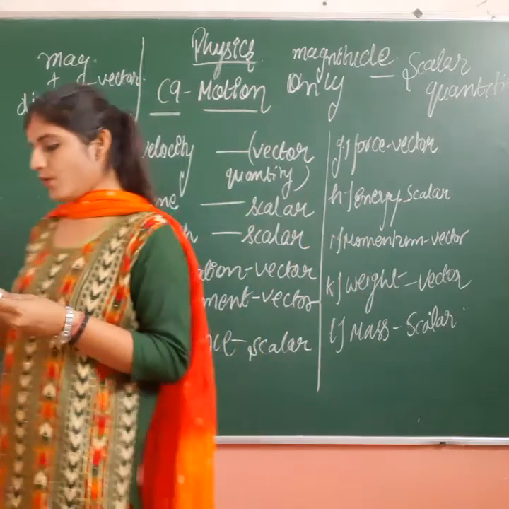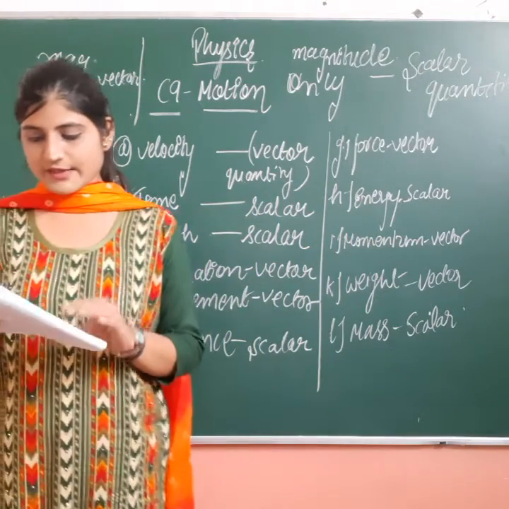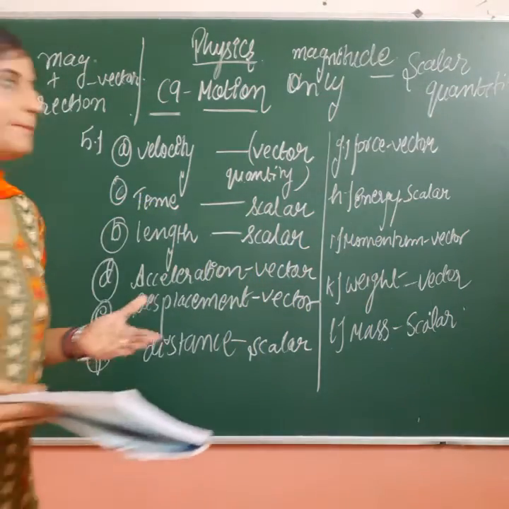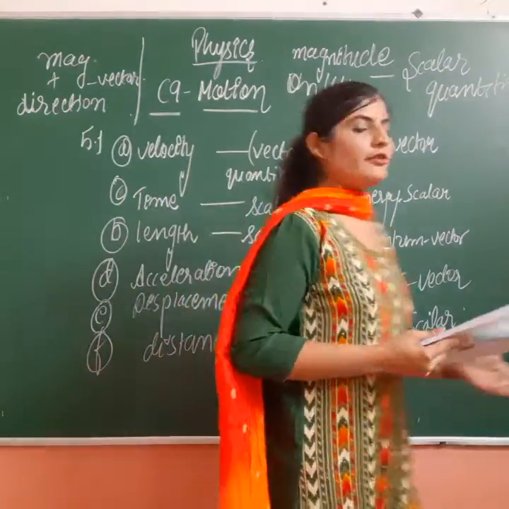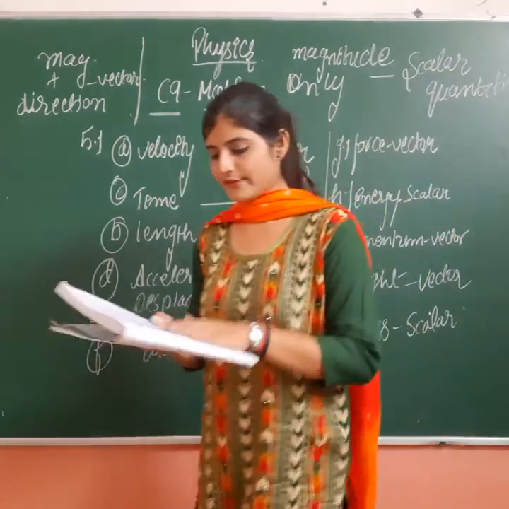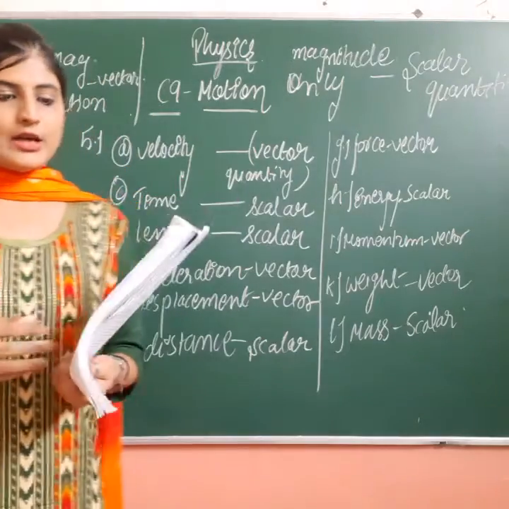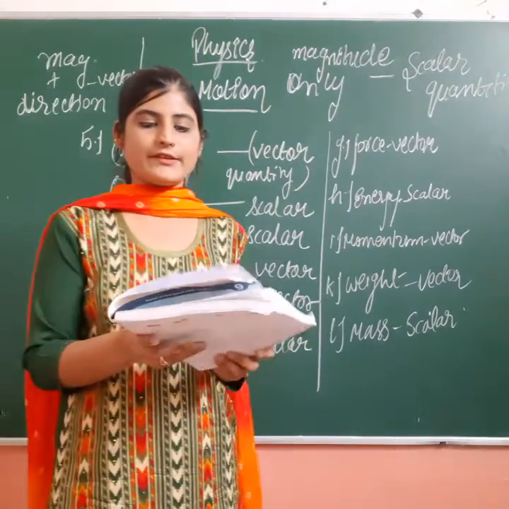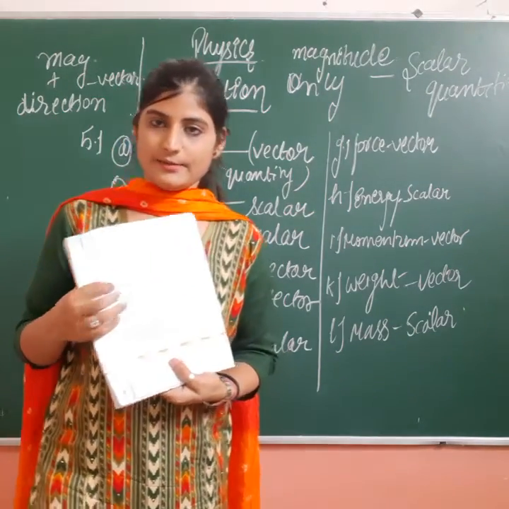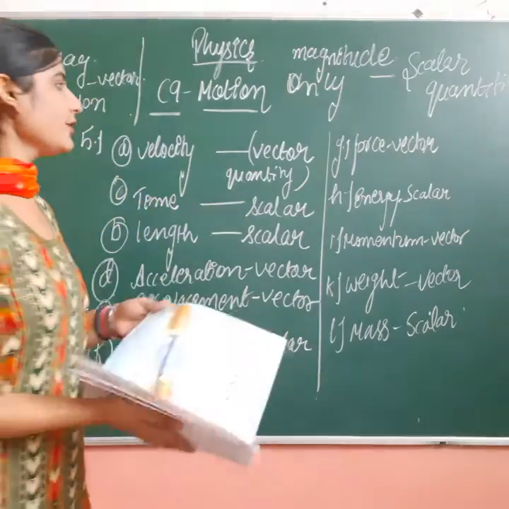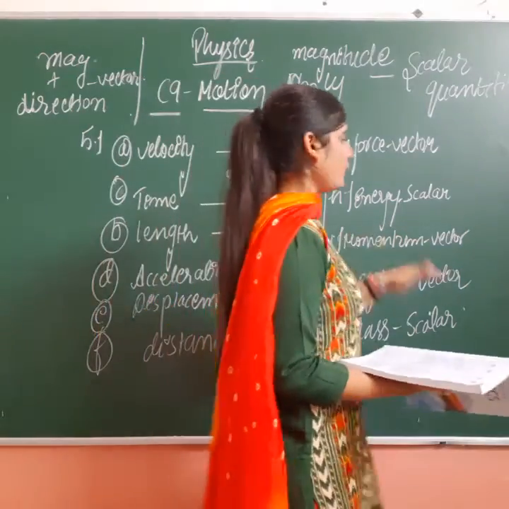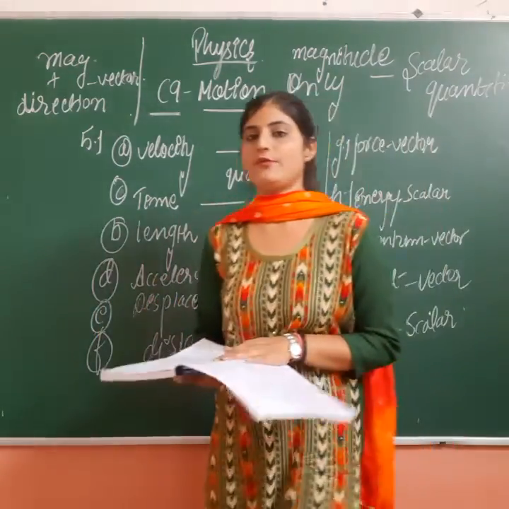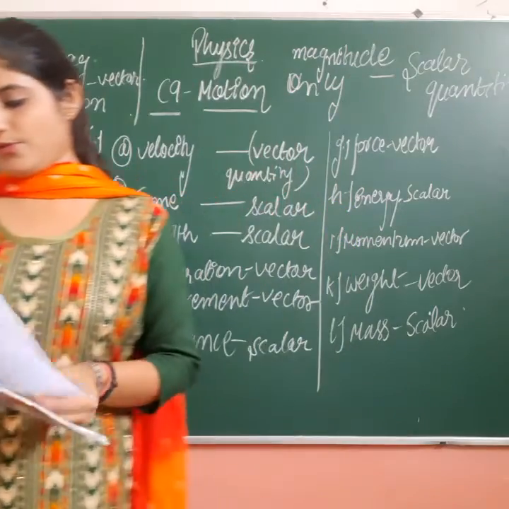Next we have the worksheet. Before starting the worksheet and the numerical parts, firstly write down this part and tomorrow we will do the worksheets. Okay, worksheet and then we'll do the distance and displacement numerical part. After covering the numerical part, I will be uploading a lecture on uniform and non-uniform motion.